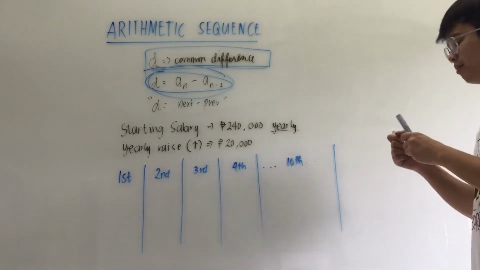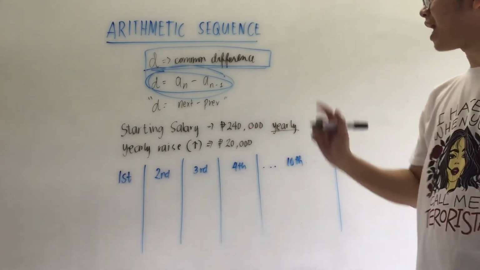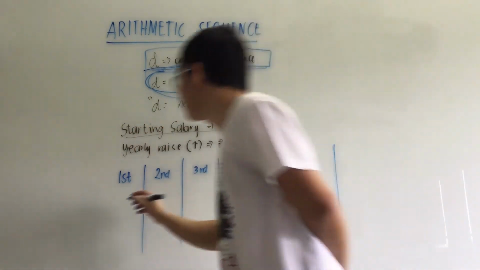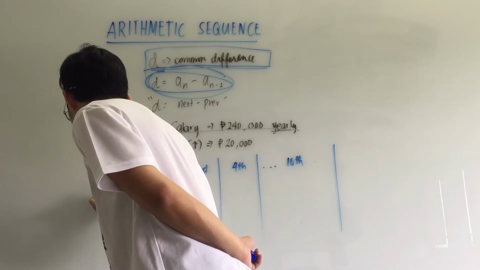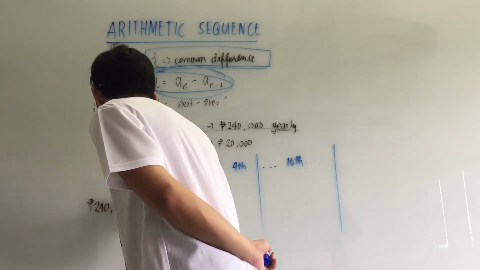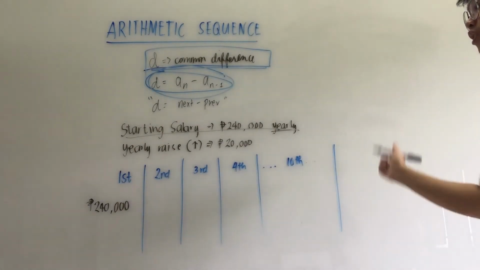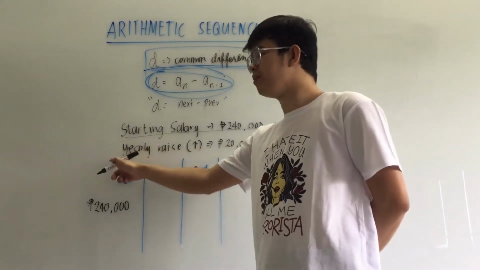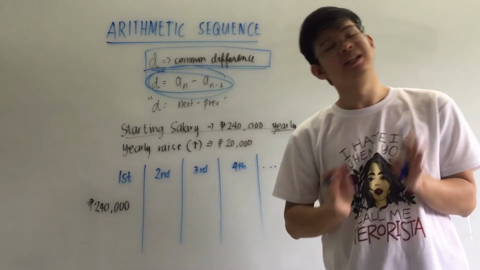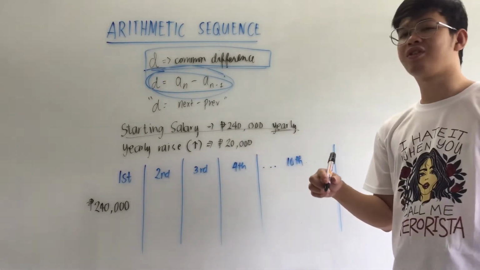Now, as you all know, for the first year, his salary will be how much? Of course, it's stated here that his starting salary will be 240,000 yearly. That's quite underpaid. Okay, 240,000 pesos for the first year. What about for the second year? Since the problem states that for every year of increase in stay, there will be an increase in the salary, which is 20,000 pesos.